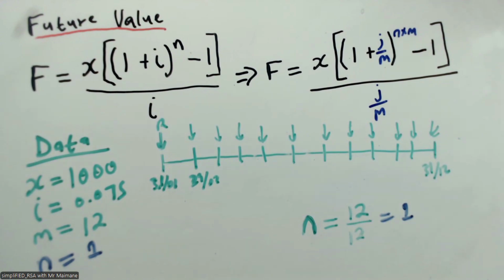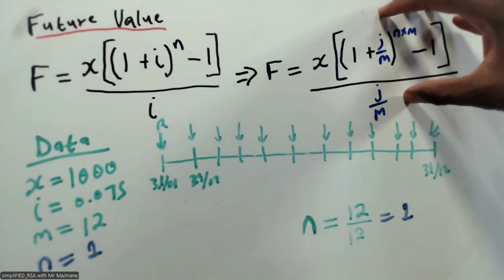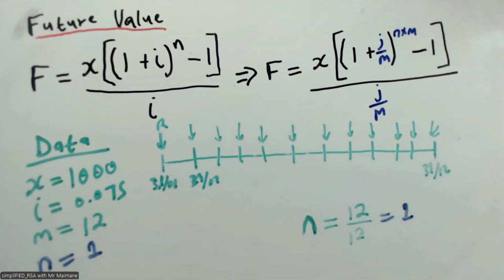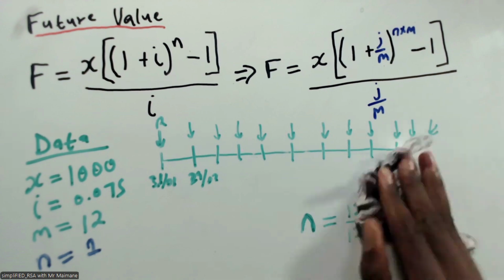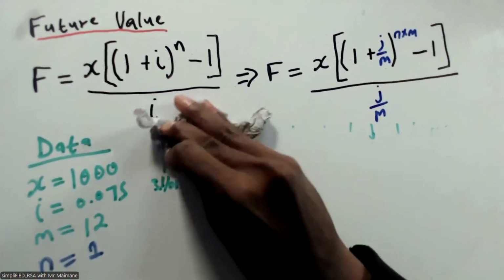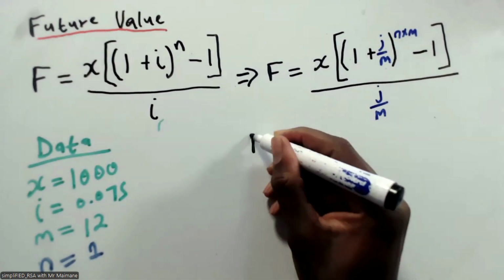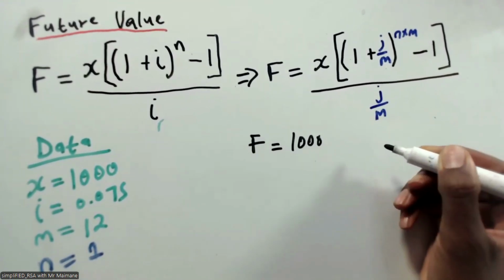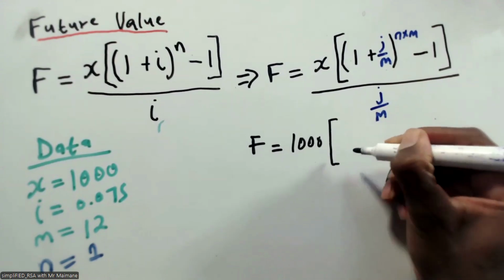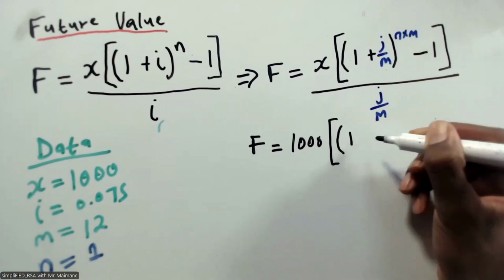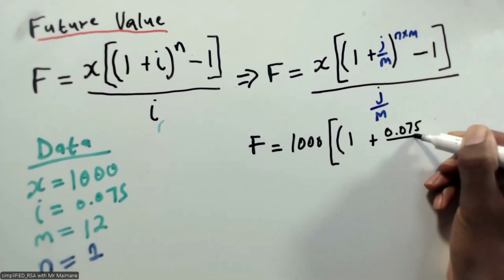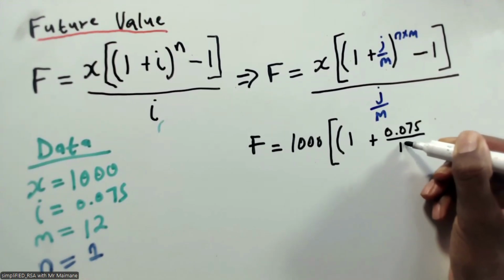So I have all the information I have to substitute on the formula to get the future value. Now, let's substitute. F is equal to 1,000 Rand for payment X into 1 plus 0.075 divided by the compounding period.